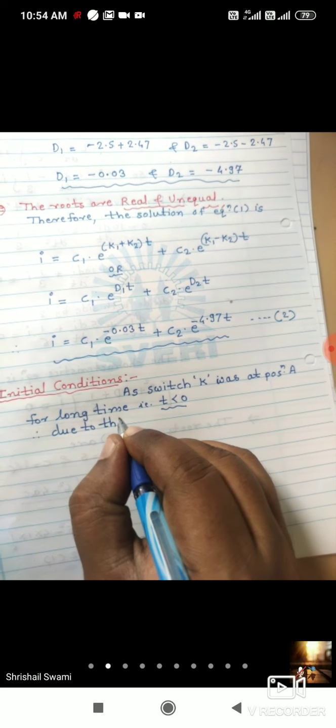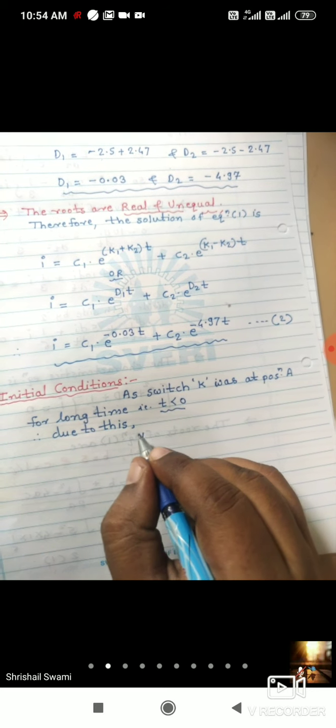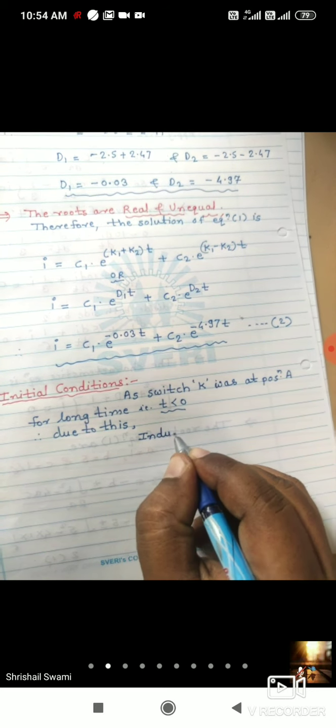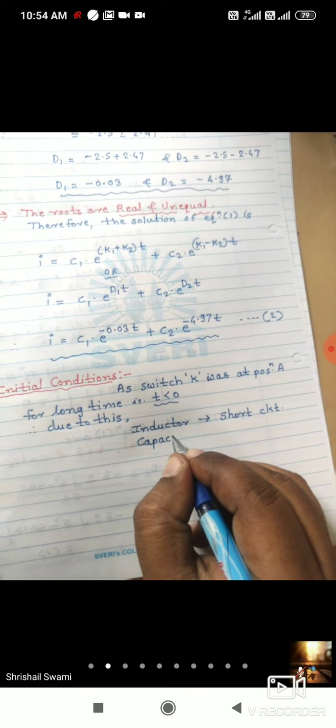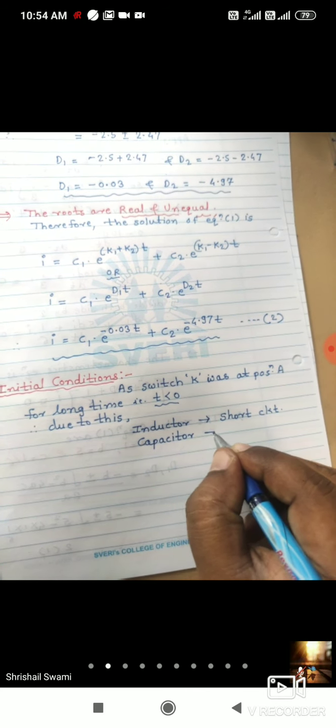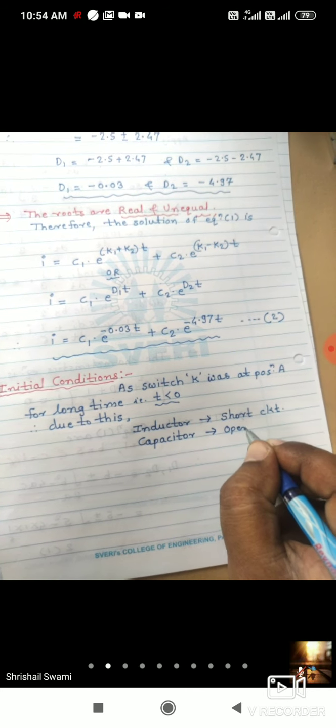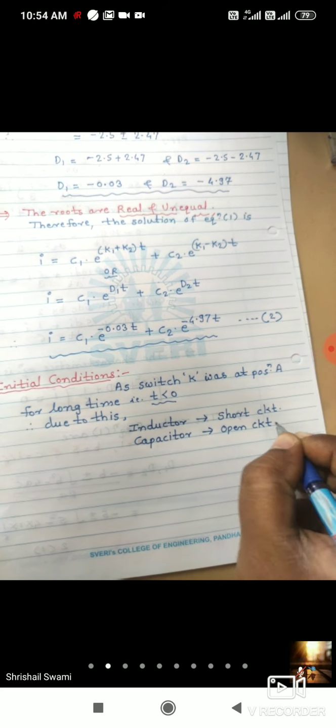Therefore, due to this, the inductor acts as a short circuit and the capacitor acts as an open circuit. So this is the property of inductor and capacitor.